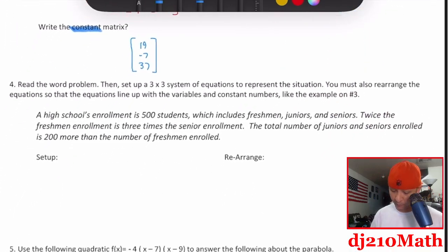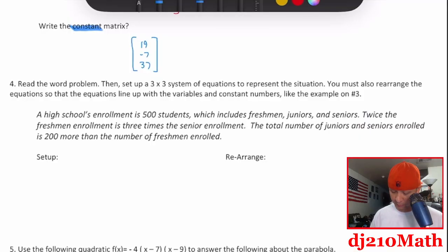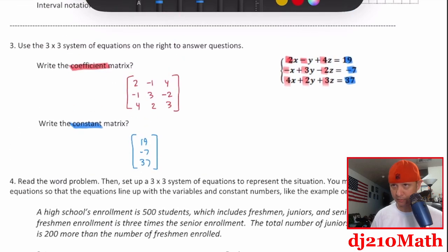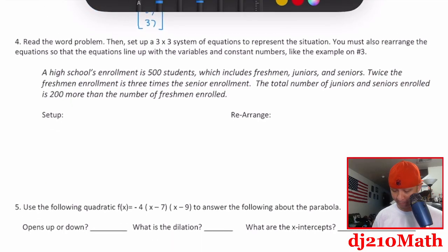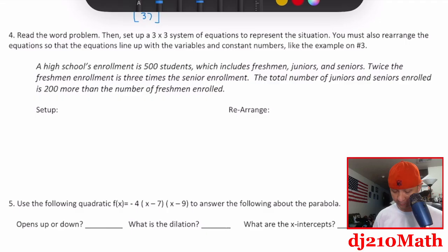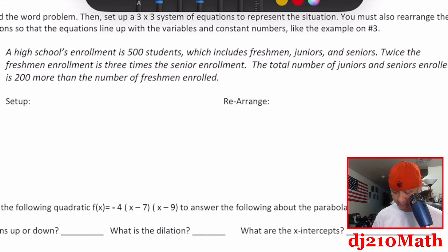Okay, word problem. So what do we ask to do? Read the word problem, set up, rearrange so the variables line up. So basically, our answer is going to look like what it was in number 3. High school's enrollment is 500 students.